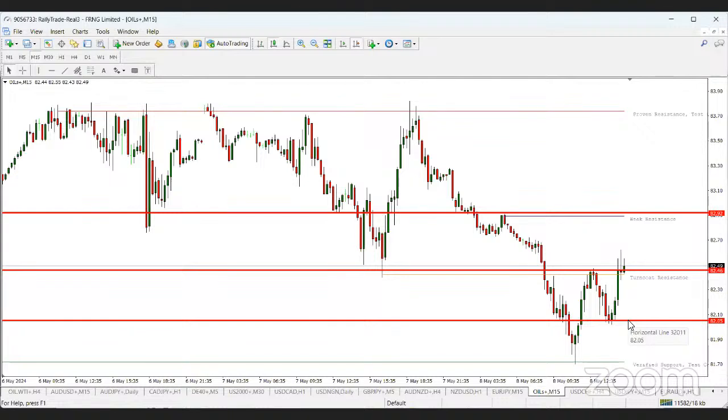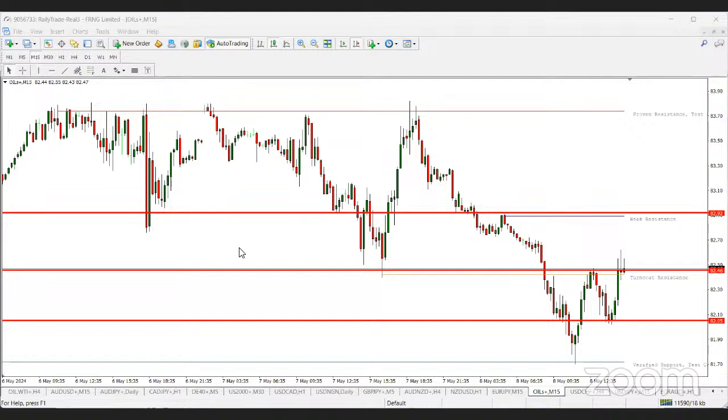That is my take profit. Like I've said, if I'm selling oil from 82.90, I should be looking to take profit at 82.45.